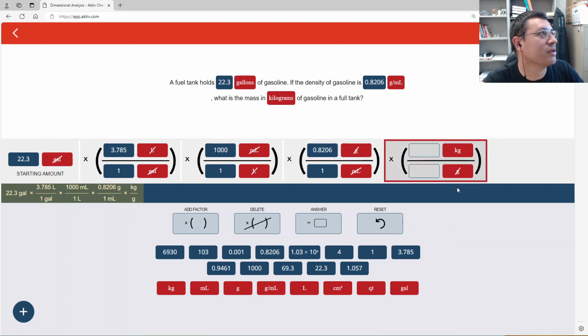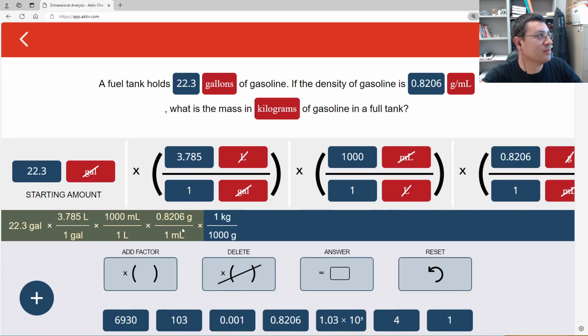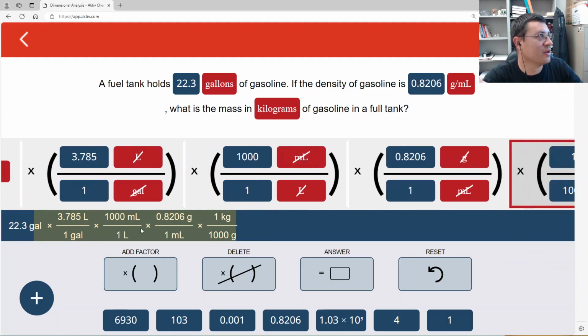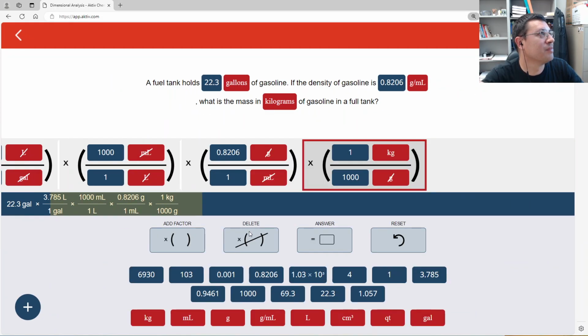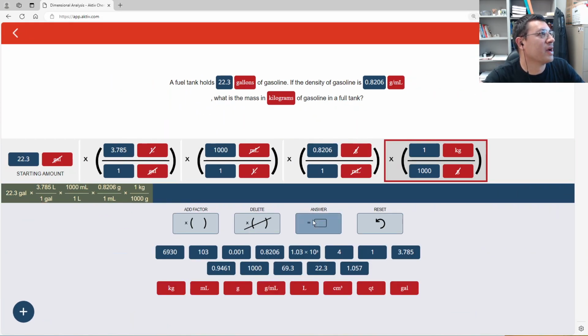All right, so I'll just put a grams there. And 1,000 grams are in a kilogram. All right. If you're on your phone or you don't want to zoom, you can just click and drag here to scroll around. That's another option. All right, I'm ready for my answer.